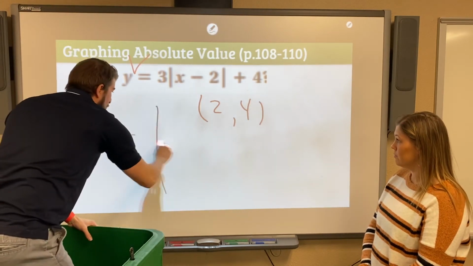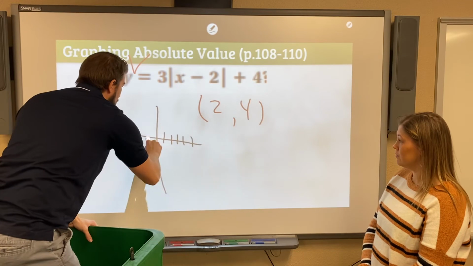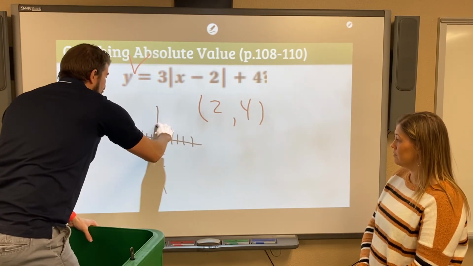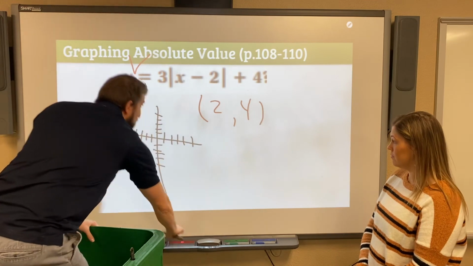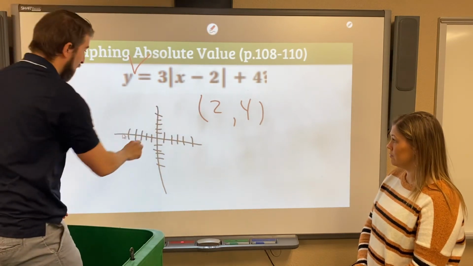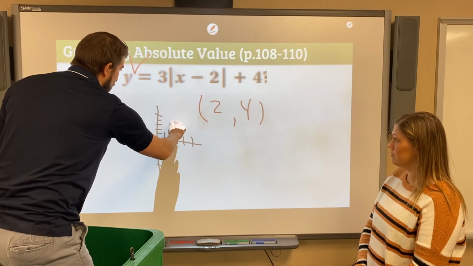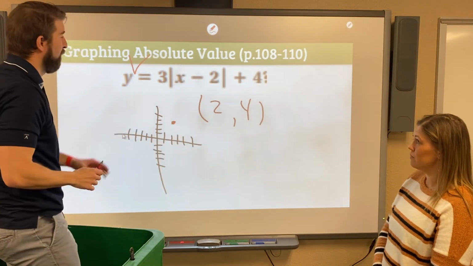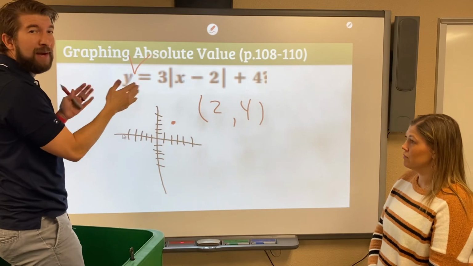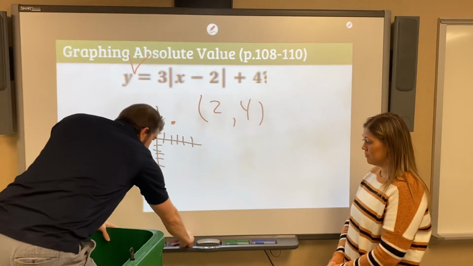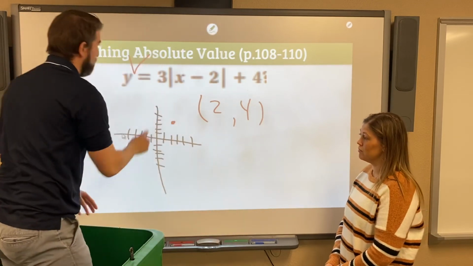And now, when I graph, I'm just going to find my vertex at 2, 2, and then 4. Looks like I'm going to have to add some more notches. And then to find my next points, to make my graph look good, I'm going to use the kind of slope. I'll go ahead and change my colors on this one.